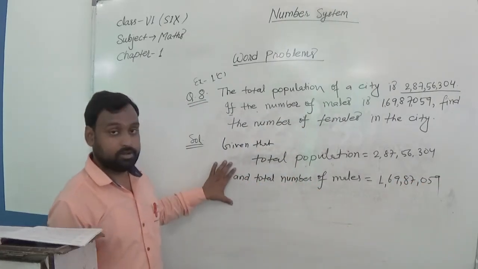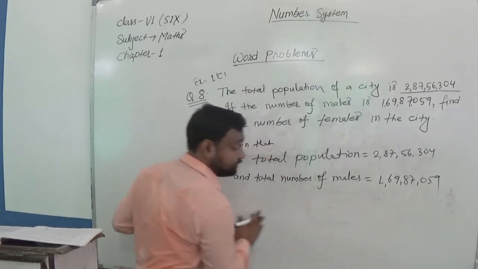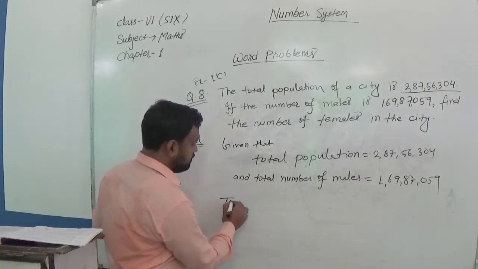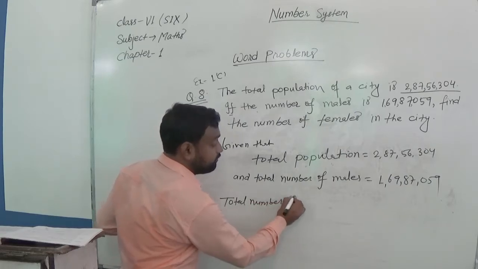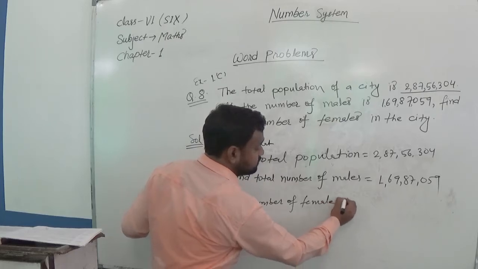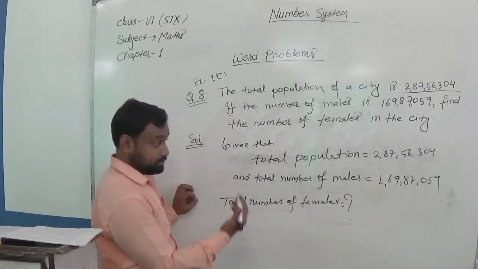This is given, and now what do you have to find? Total number of females. What you have to find is the total number of females.